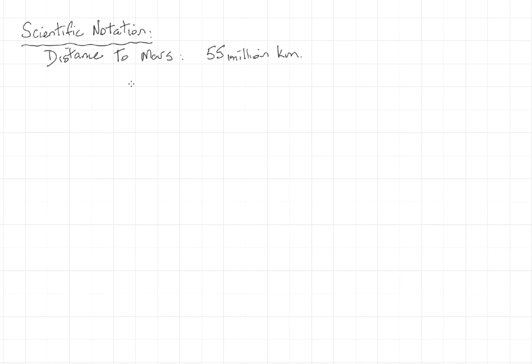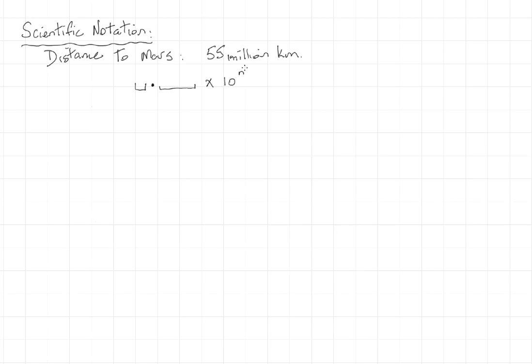Now, scientific notation is expressed as a single digit, a decimal place, and then a series of digits in decimal places, multiplied by 10 to some power. We'll just call it n.